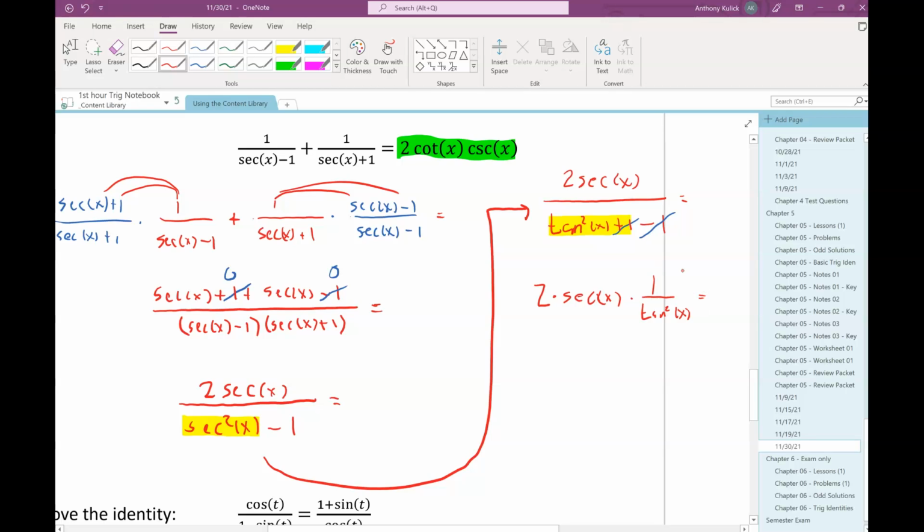So I can do 2 times secant times 1 over tangent squared. Does that make sense to everybody?